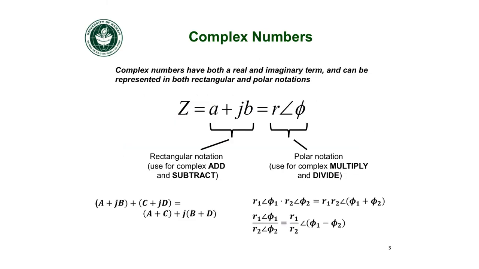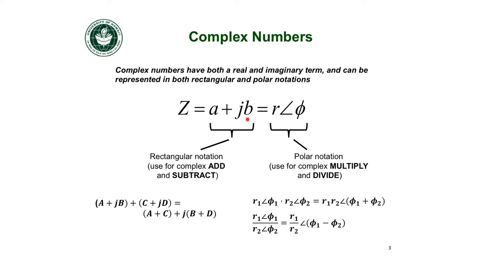We've also already gone over complex numbers, and the important points to remember here are that there is a rectangular notation where you have a real part and an imaginary term, and we can equate this to a phasor representation or a polar notation.